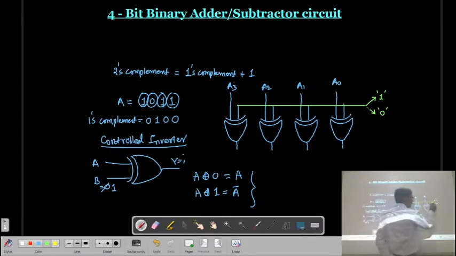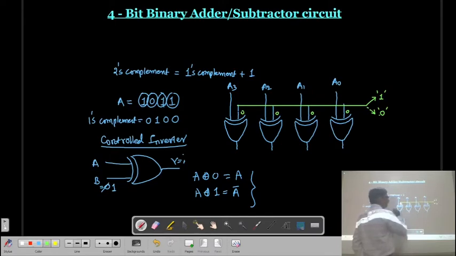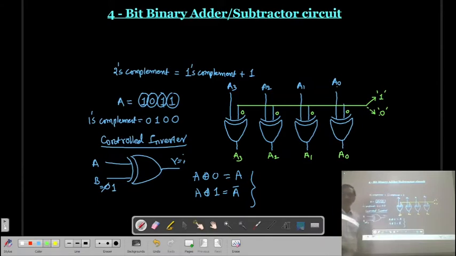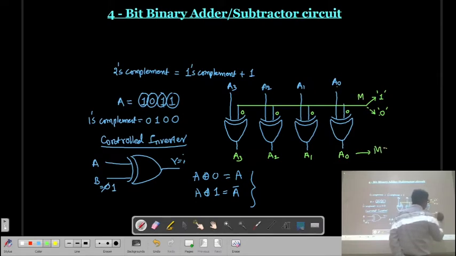Whenever this is connected to 0, all the second inputs will be 0. So in the output, A0 exclusive OR 0 will be A0, A1 exclusive OR 0 will be A1, here it will be A2, and this output will be A3. Let us say this is M, and M is equal to 0.